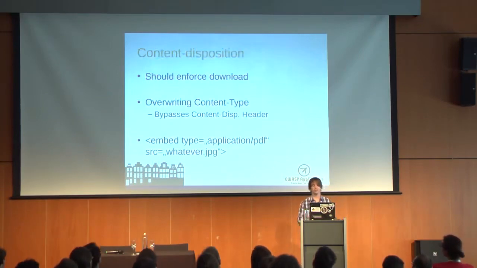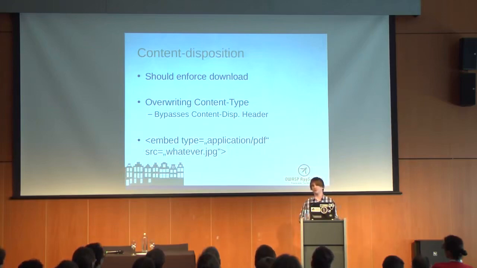Another way is, if you type in Google how to force download of a file, you will get a Stack Overflow response with set the Content-Disposition header to attachment and the content type to application/octet-stream. But this doesn't help actually, because you can just load it via an embed tag and specify it's an application/pdf.